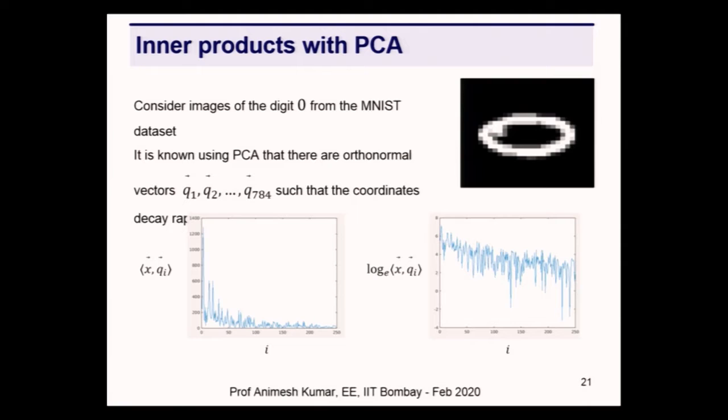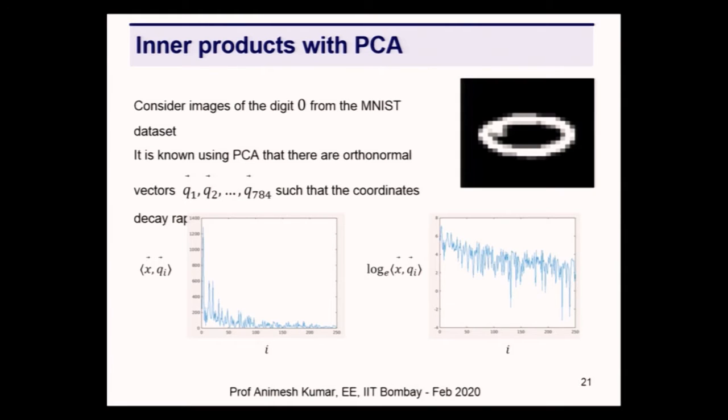It's plotted till 250, and it can be taken further, but this is just to illustrate a point: even though the first coordinate is as large as 1200 or 1300, very soon, around i equal to 250, the coordinates are not even 100. They are much smaller. So the coordinates decay rapidly towards 0 in this plot.